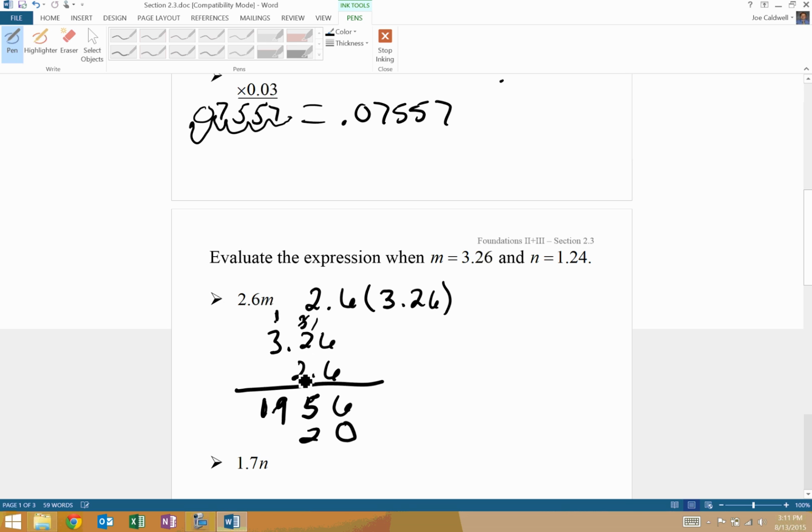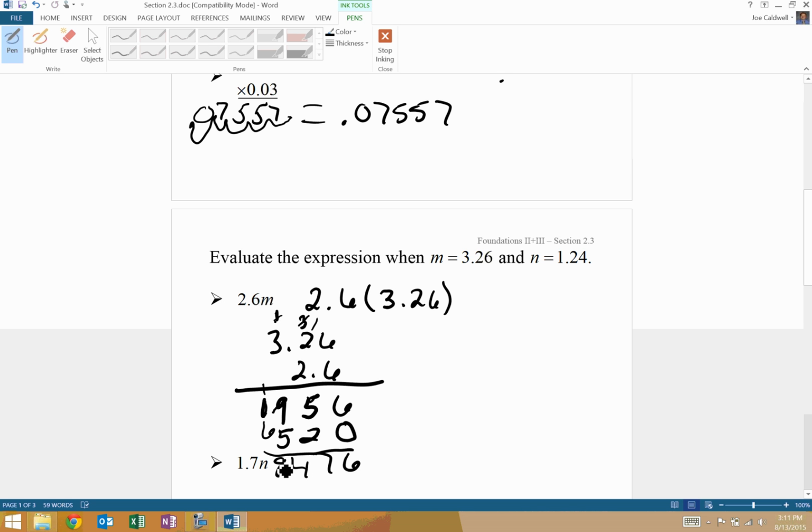Carry the 1. 2 times 2 plus the 1, so that would be 5. 2 times 3 is 6. So let's add it up. 6, 7, 14, carry the 1, 8.